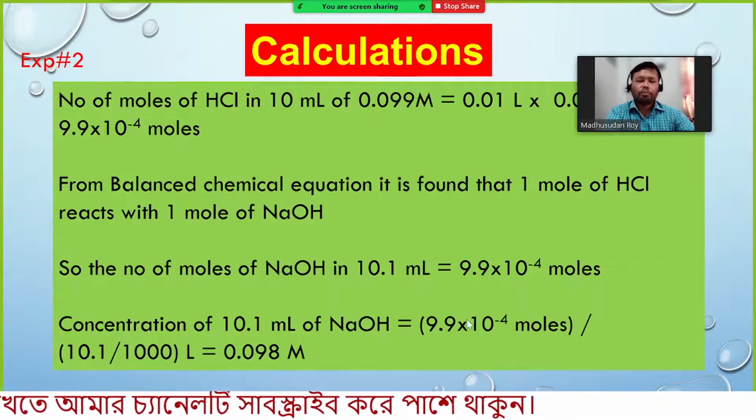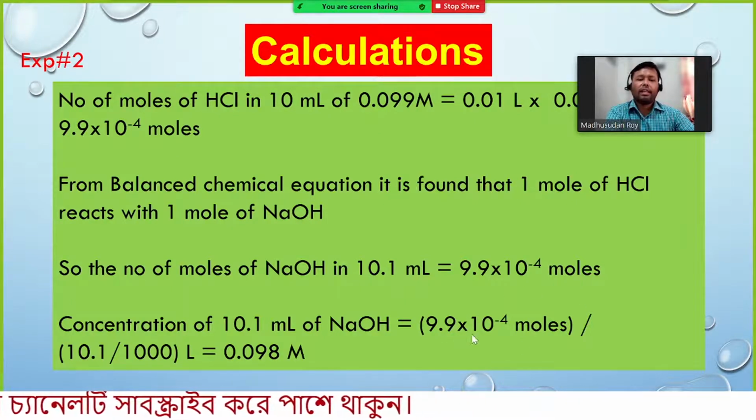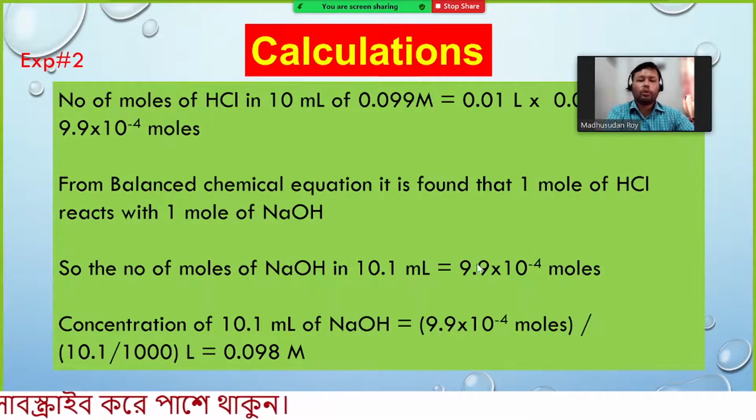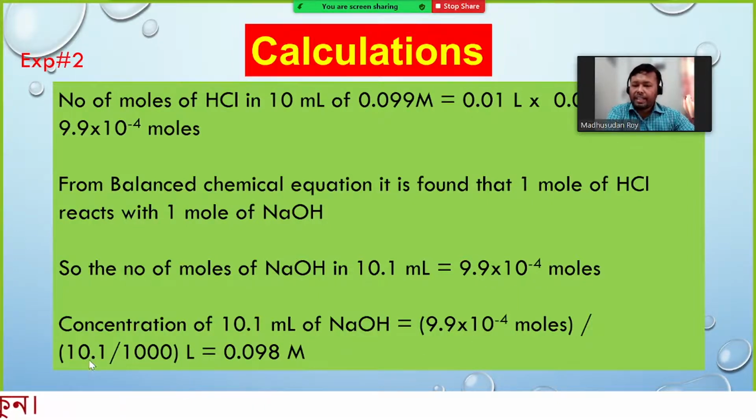The number of moles is 9.9 × 10^-4 moles, what we found here, divided by the volume in liter, 10.1 milliliter divided by 1000, equals 0.098 molar.